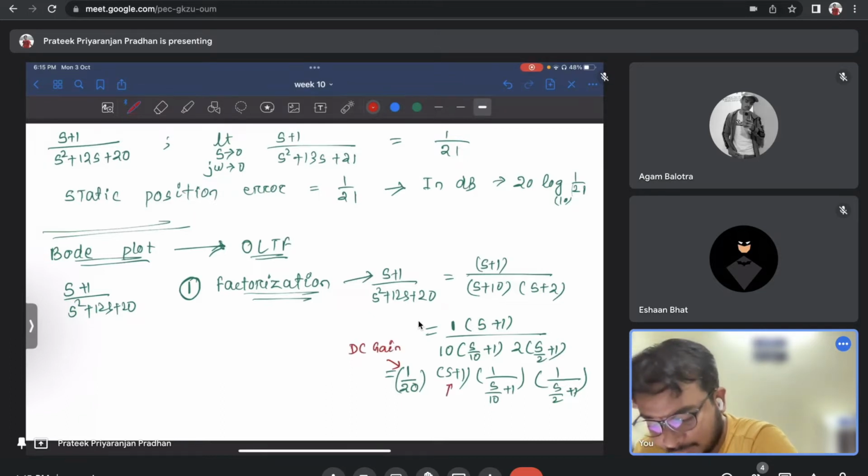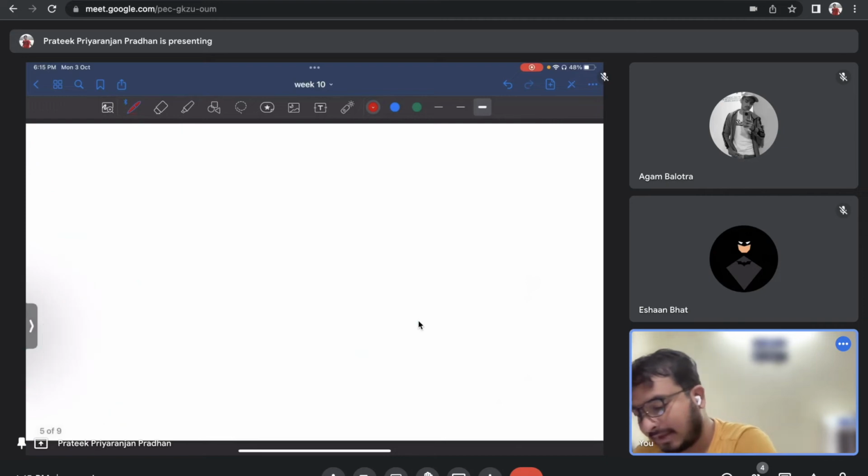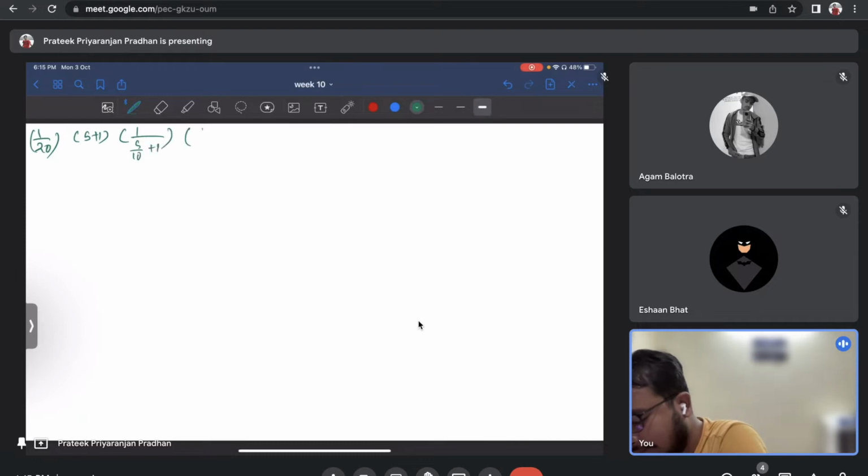This is the zero part, and these two are the poles. Okay. Now the factorization is done. Let's try to plot. So the factorization is done as 1 by 20 into s plus 1, into 1 by s by 10 plus 1, into 1 by s by 2 plus 1.